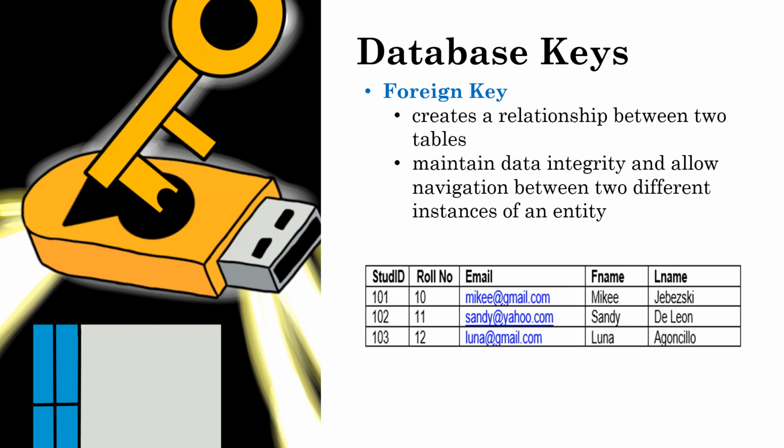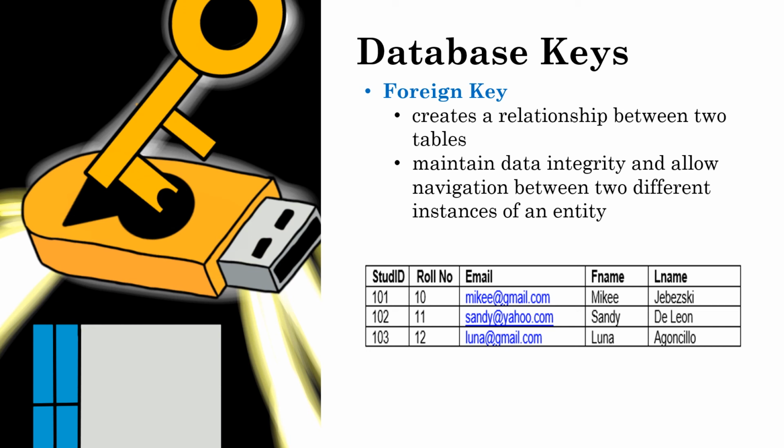How about the foreign key? The foreign key is a column that creates a relationship between two tables. The purpose of foreign keys is to maintain data integrity and allow navigation between two different instances of an entity. It acts as a cross-reference between two tables as it references the primary key of another table.